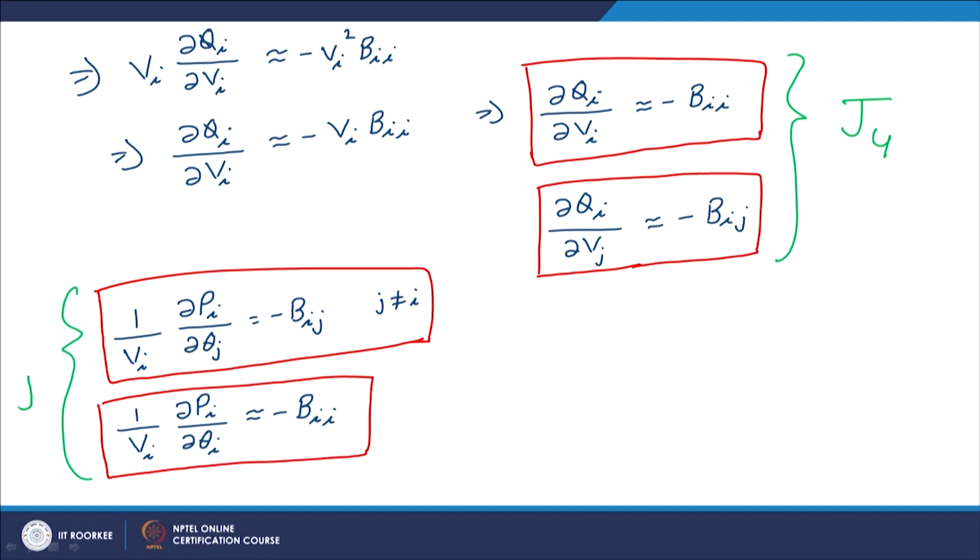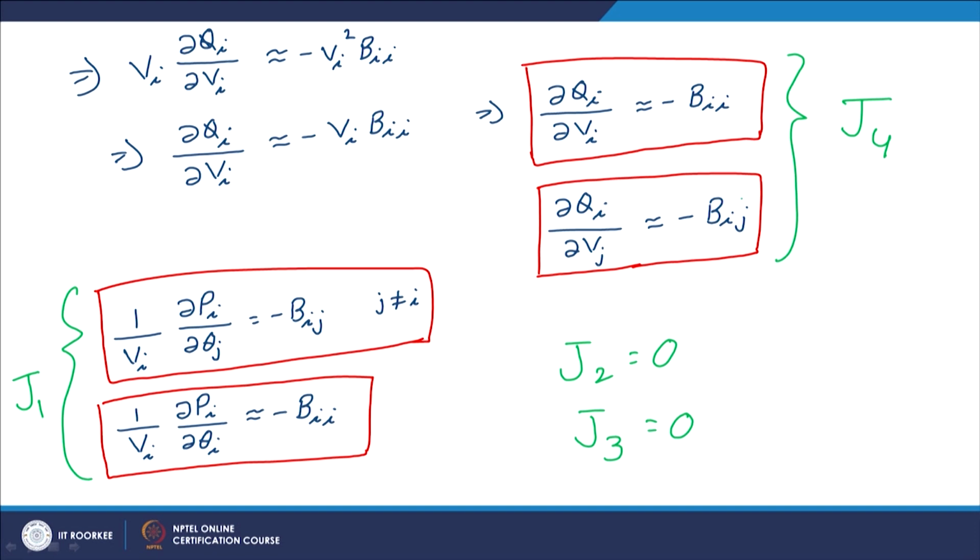So, this is for J1, and we have already seen that J2 is 0 and J3 is 0. We have derived the expressions of J1 and J4, and J2 and J3 are null matrices. J1 and J4 terms, with the application of these assumptions, become constant.